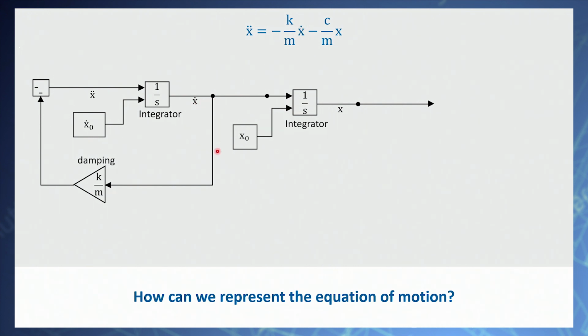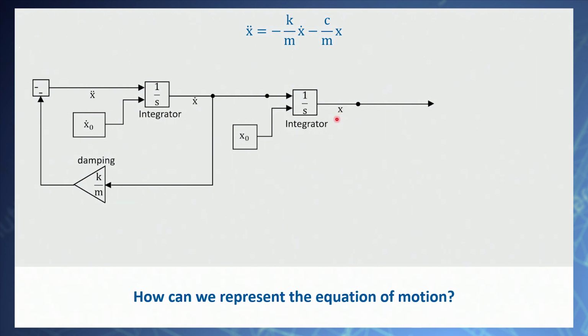So x dot needs to be fed back through a gain, and the gain, which you see here denoted by damping, is k over m. So k over m by x dot is the output of this gain, and then of course we need to look at the negative input here to this summation block, because we have to consider this negative sign in the equation.